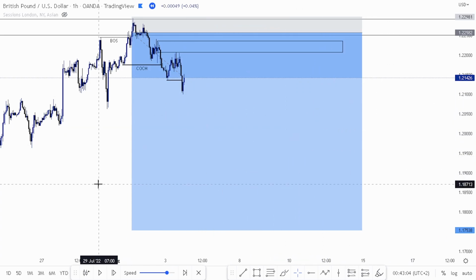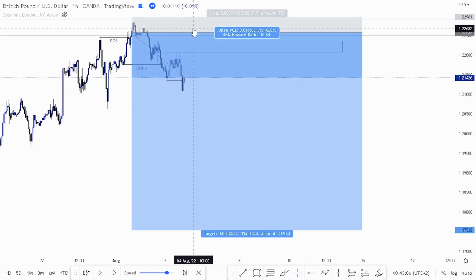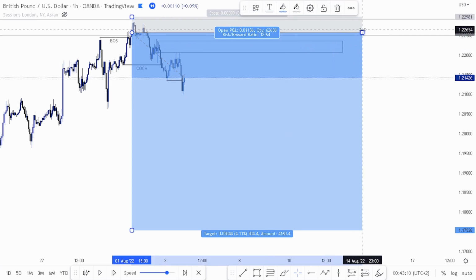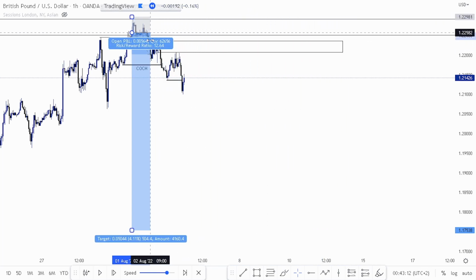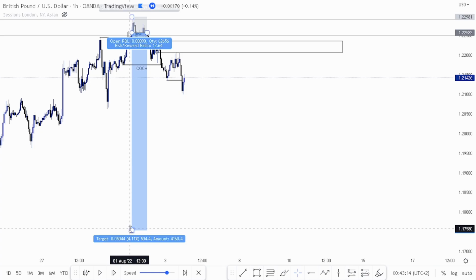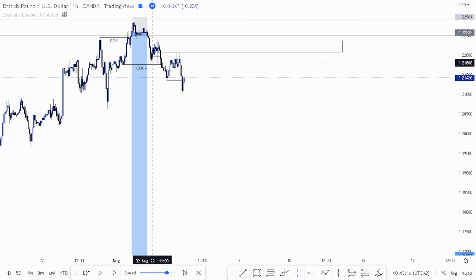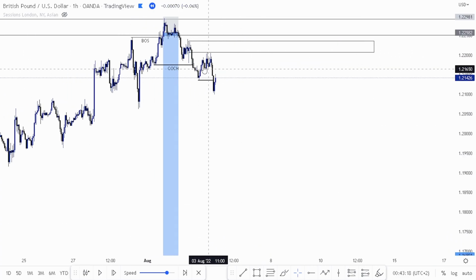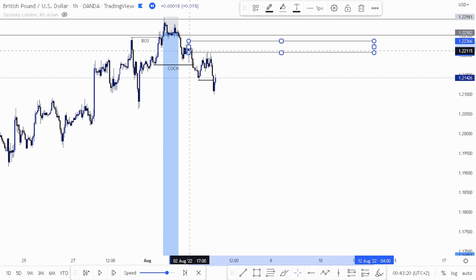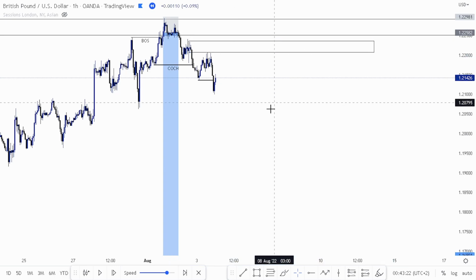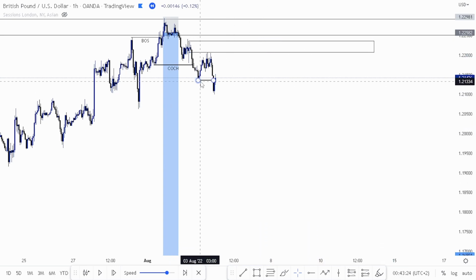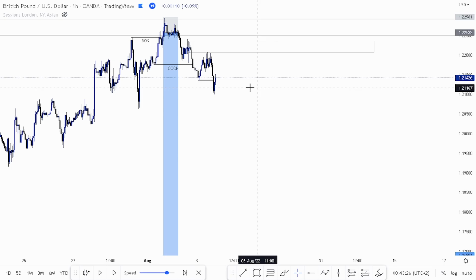So this is the level whereby, for you guys to see it properly, let me just do this. We are targeting the lows all the way down there, but for you guys to properly see price action, this is our level of supply right over here, which is broken structure, and we have another level which does break structure again.